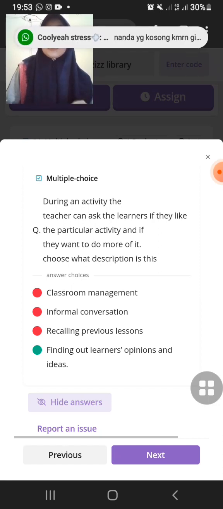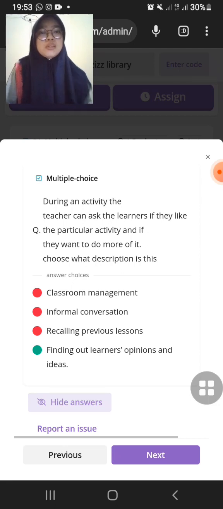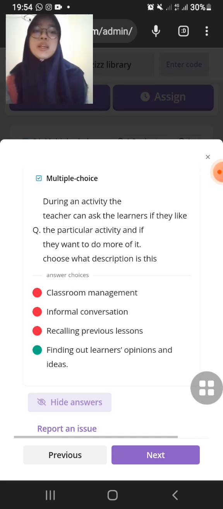I found this in the PDF. During an activity, the teacher can ask the learners if they like a particular activity and if they want to do more of it. This dialogue can be the early beginnings of a partly negotiated syllabus.